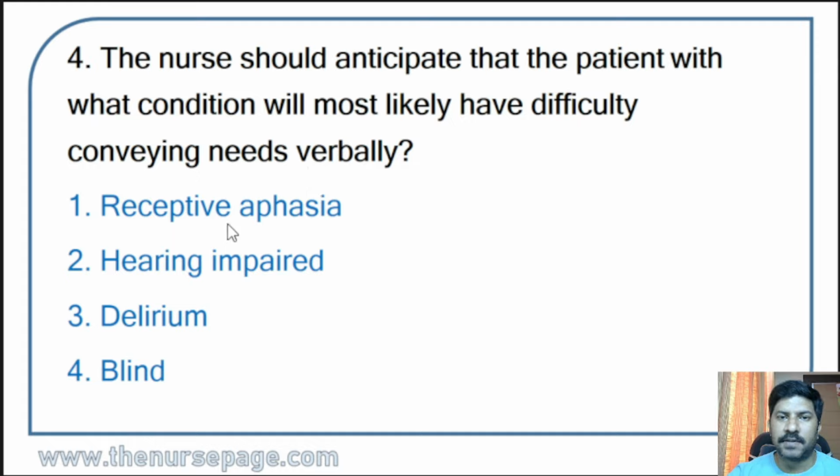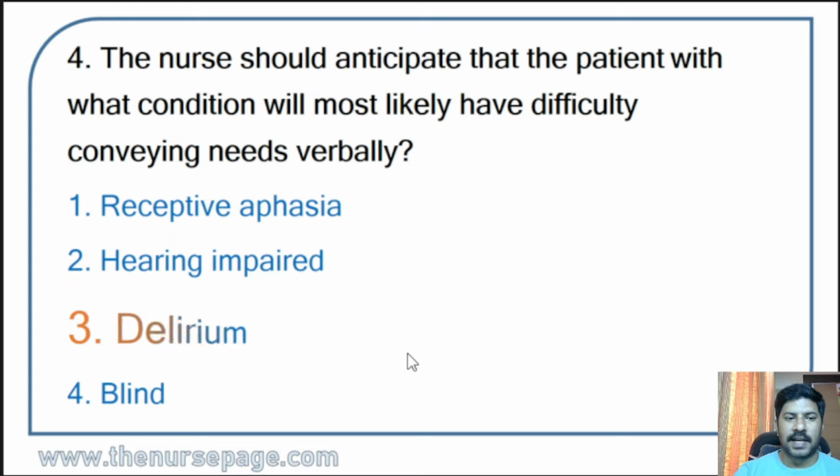Options: receptive aphasia, hearing impaired, delirium, blind. Correct answer is delirium.